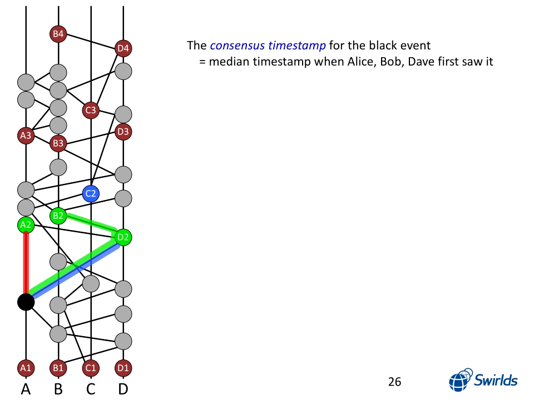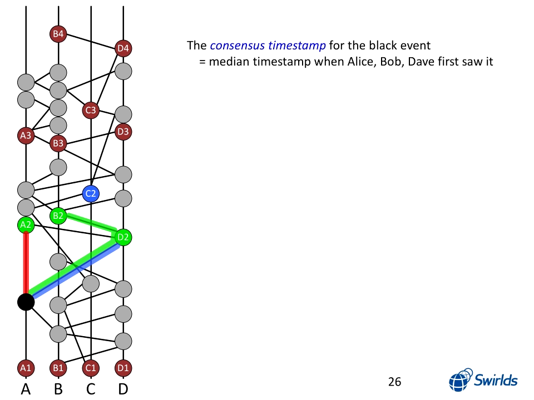That gives us 3 different opinions on when the black one was received by the universe. We just take the median of those 3 times, and that is the median timestamp, the consensus timestamp. So when was it received by the community? It was received at whatever the median of those 3 times is.